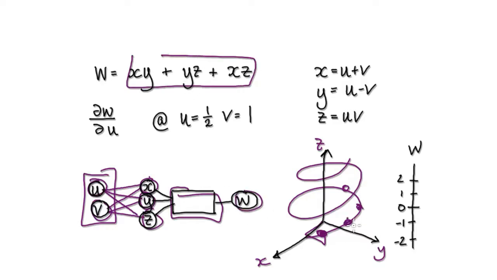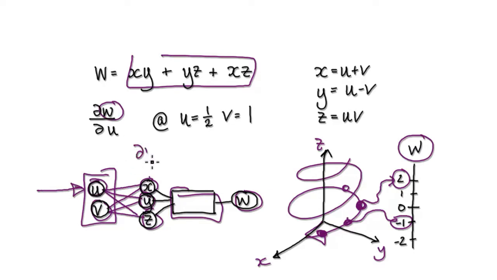So let's say the particle is here, it will spit out the value -1, say, or let's say you're currently here, it will then spit out the value, let's say 2, and so on. So we want to know how w changes with respect to just one independent variable, u. You could work this out with respect to v if you wanted to, but in this video we're just going to do it with respect to u.